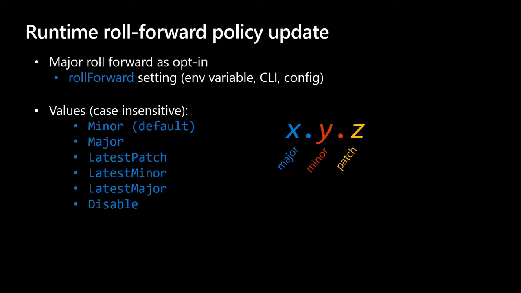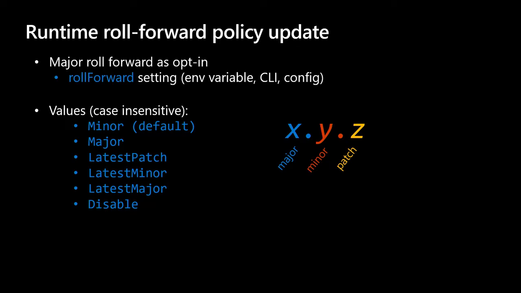The other roll forward update that we have is for the runtime. Now you can opt in for a major roll forward as well. Before it was just minor. You can roll forward on the major version via environment variable, via the CLI, or via the config file.